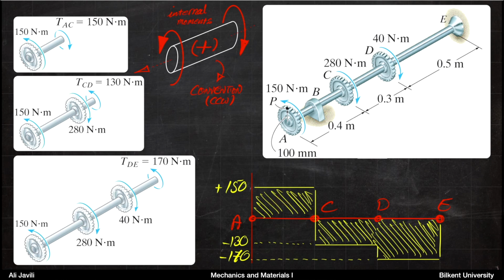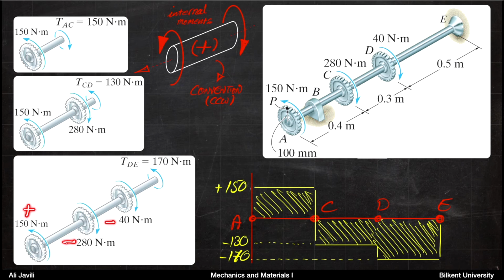Then you do the same thing. You cut it somewhere between D and E. And then again, you write the sum of moments with respect to x0 for that part. Now in that picture, again, this would be plus 150 minus 280 minus 40.